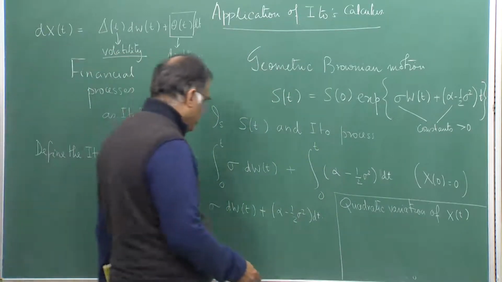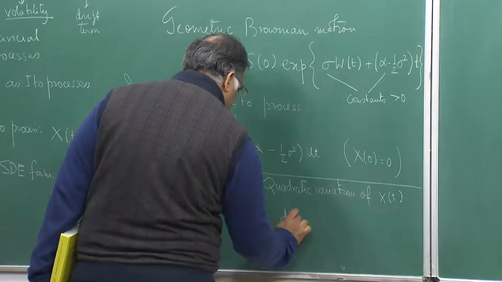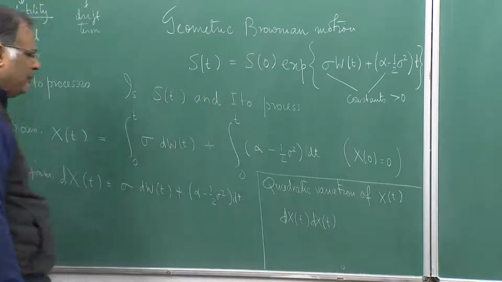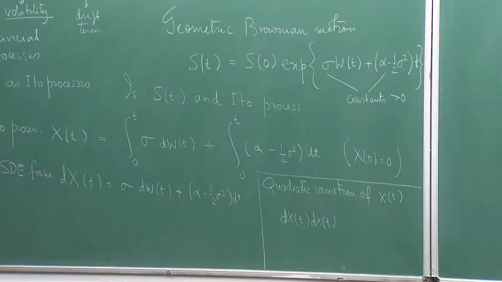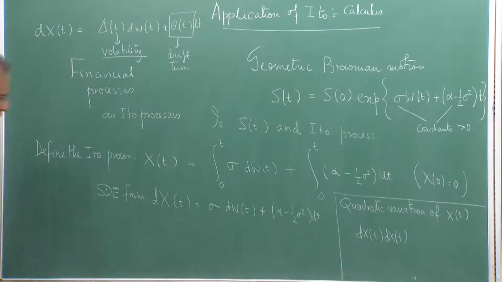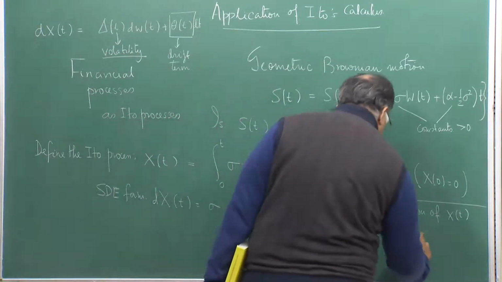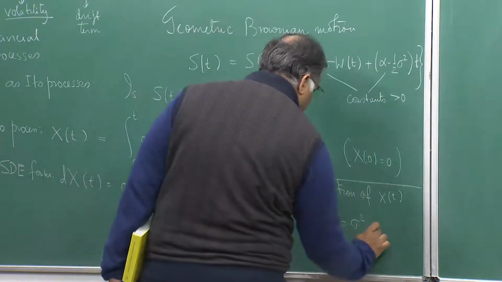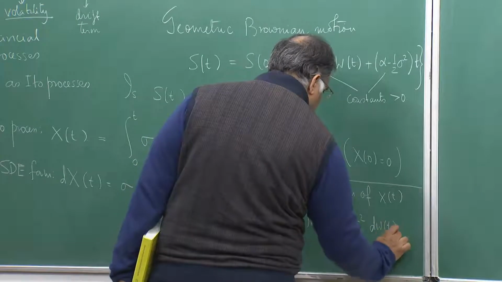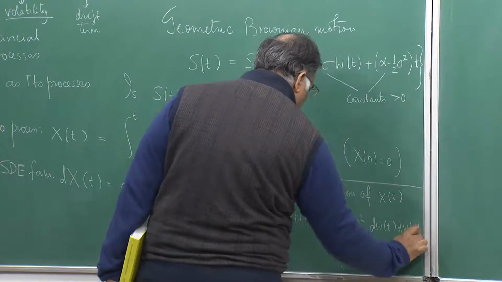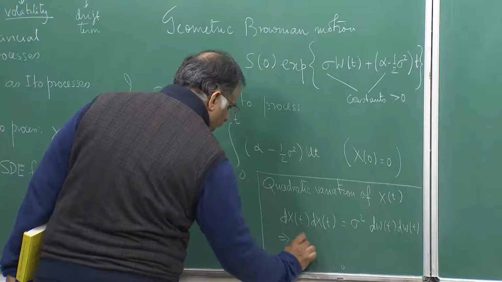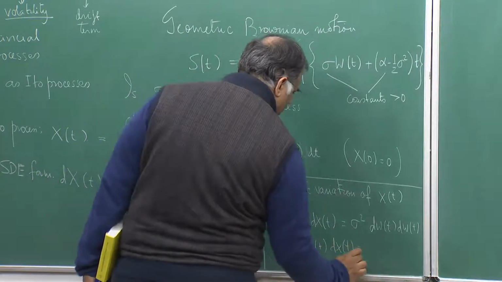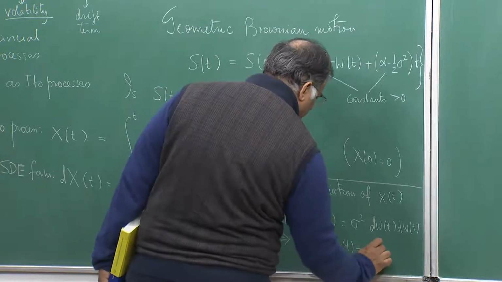If you want to write the shorthand form, keeping in mind the formulas that we have given, dW_t dW_t is dt, dW_t dt is 0, dt dt is 0, you can write this as sigma squared dW_t dW_t, implying that dX_t dX_t is equal to sigma squared dt.